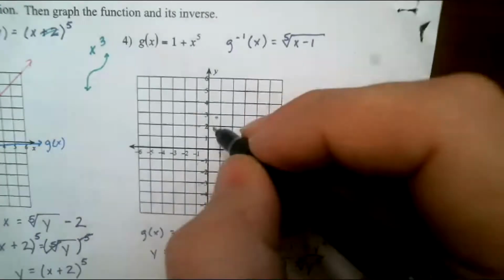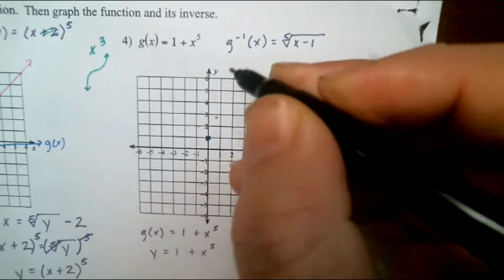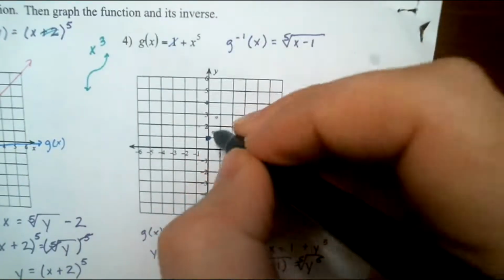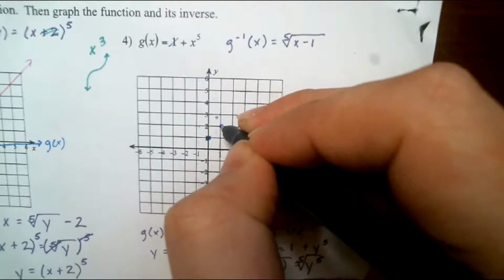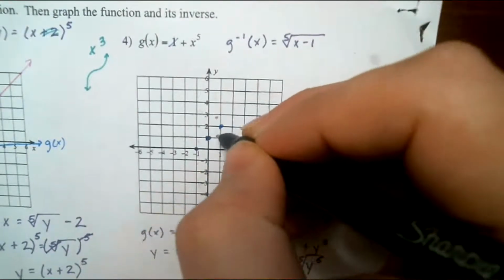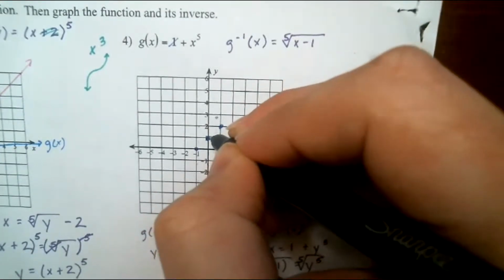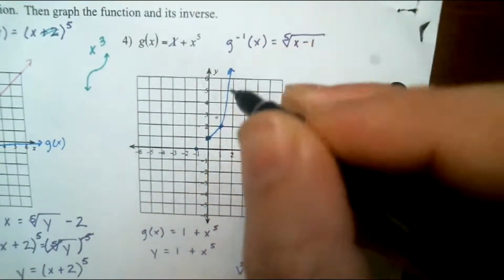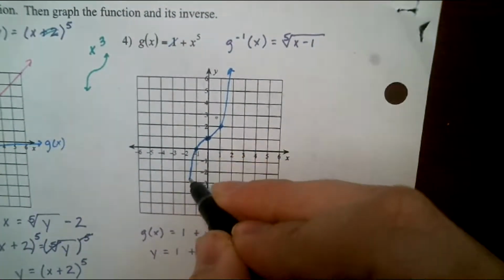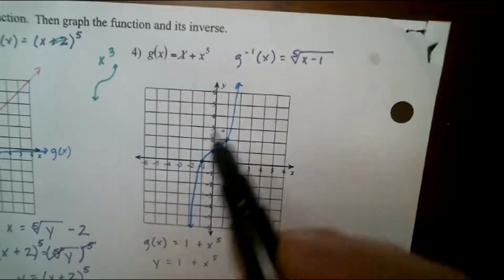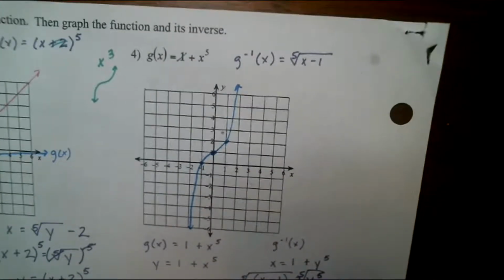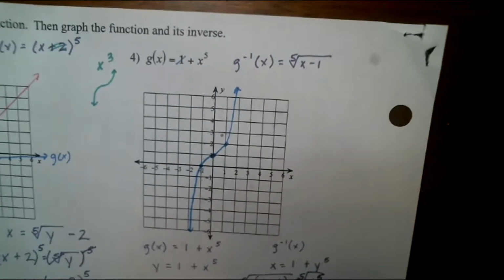Very good. Go up 1. And then we know that x to the 5th is right 1, up 1, down 1, left 1. And then the next one would be right 2, up 32. So we know it's increasing here, and same thing down here. It's going down and increasing fast there. So that's x to the 5th power.